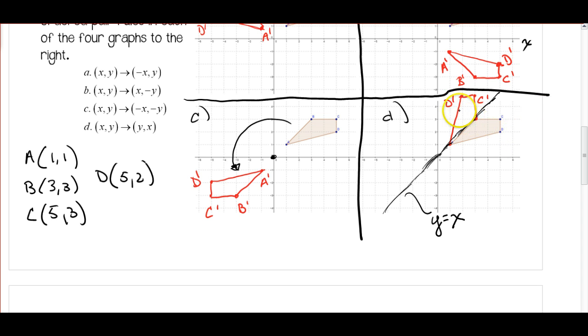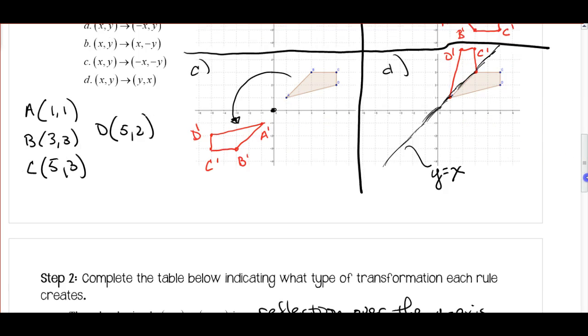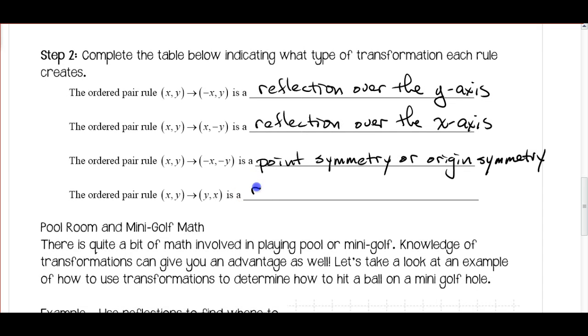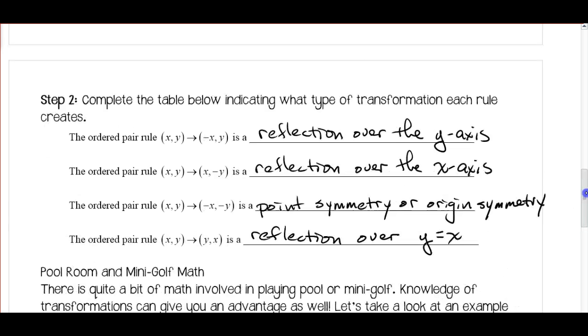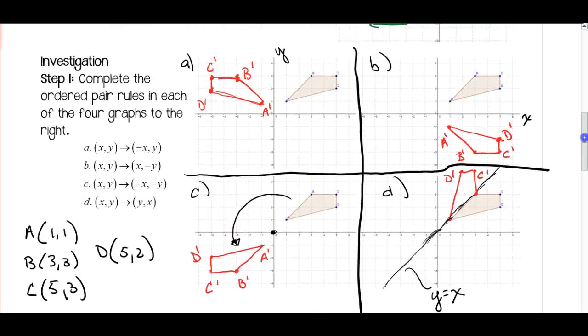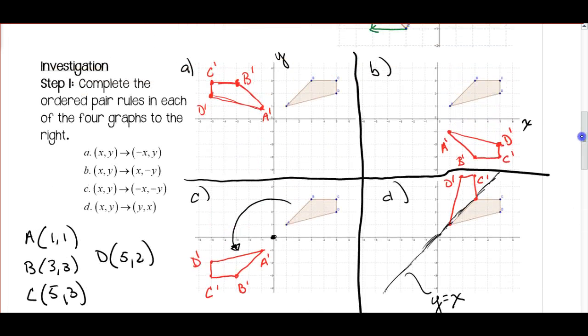If we look on either side of that line, we can see it's a mirror image of each other. So what we have here is a reflection over the line y equals x.